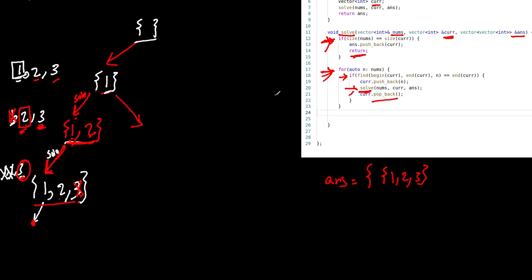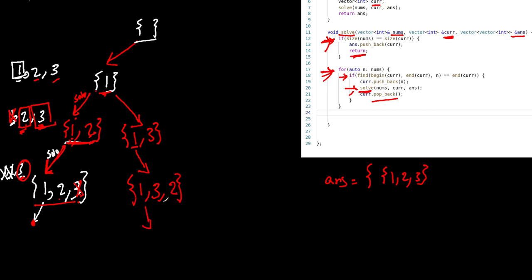So here again, now it's the time for 3, so 3 does not exist here, so we push 3, 1 and 3, then we call solve. Now 1 exists, 2 doesn't exist, so we push it to the vector.